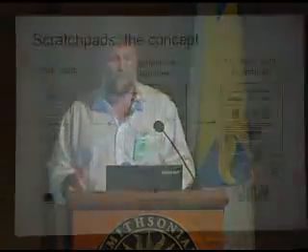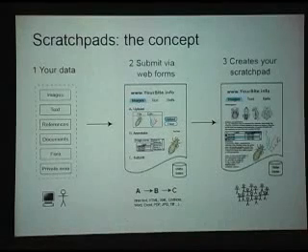So, the game plan: simply take your data, submit it via web forms, and you build a Scratchpad. And most people with a modest amount of computer knowledge, from no web presence, can have a respectable web presence in about half a day.